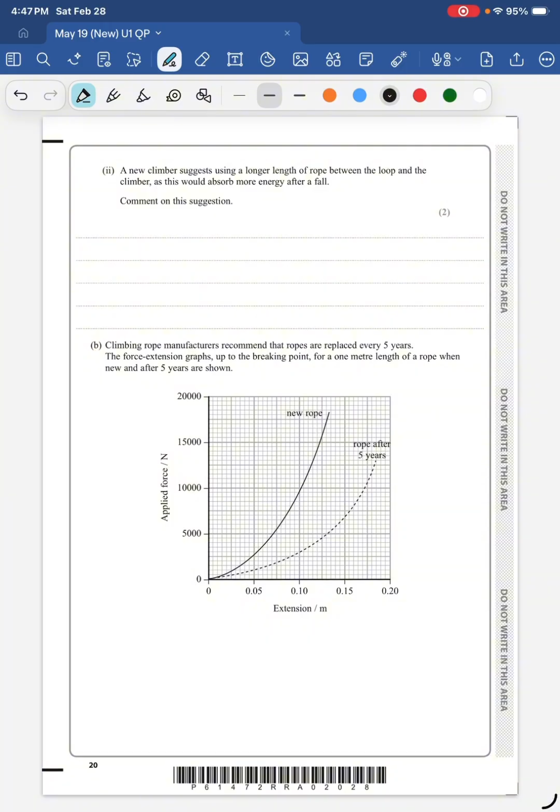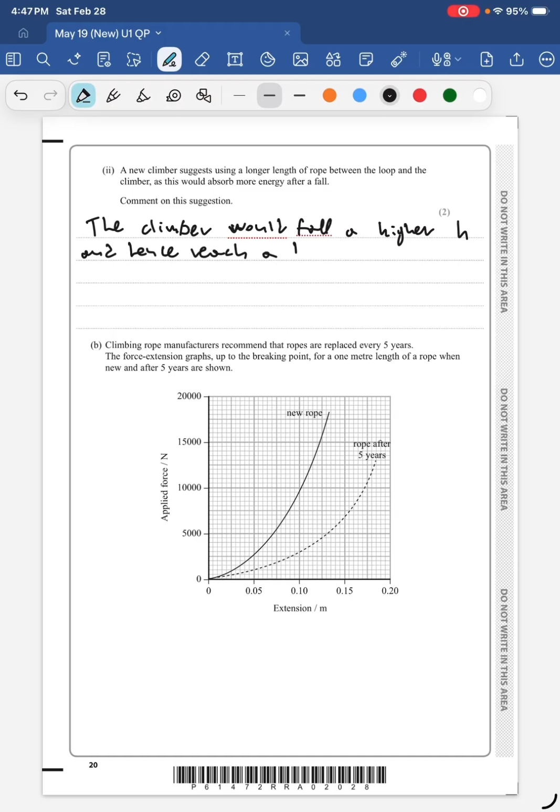The problem is that the climber would fall a higher height, a higher h, and hence reach a higher velocity.